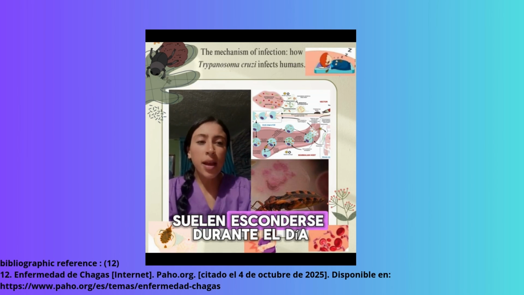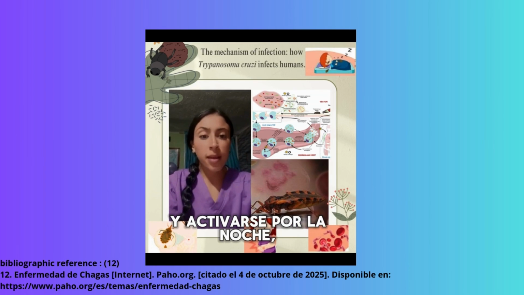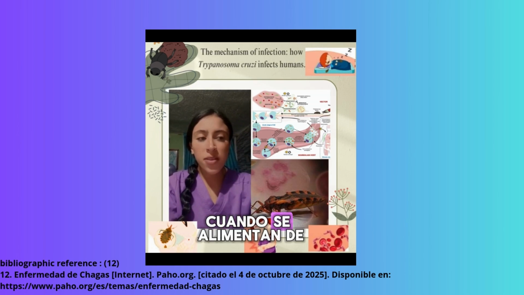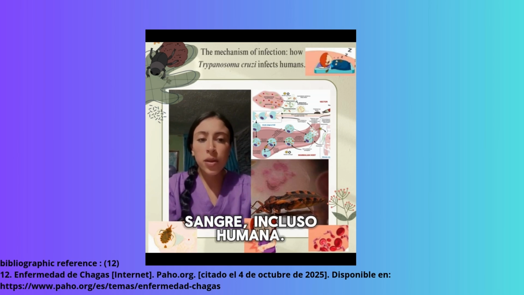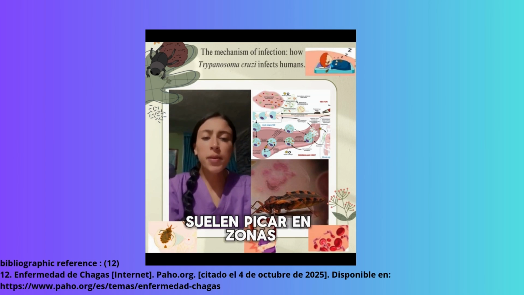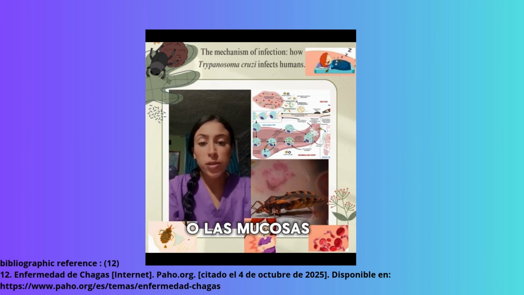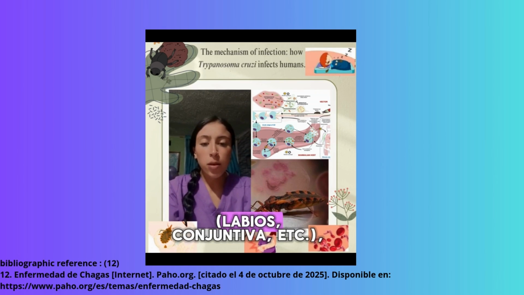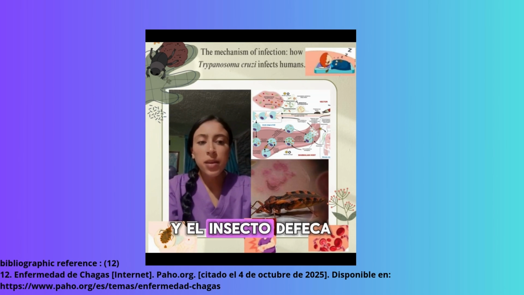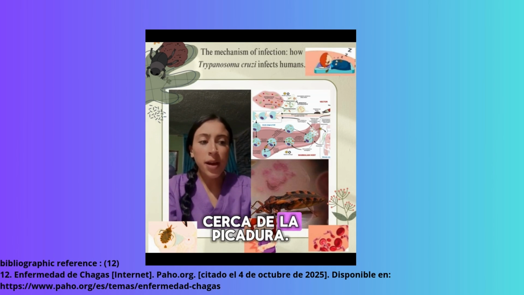They typically hide during the day and become active at night, feeding on blood, including human blood. They typically bite exposed areas of skin or mucous membranes, lips, conjunctiva, etc., and the insect defecates near the bite.